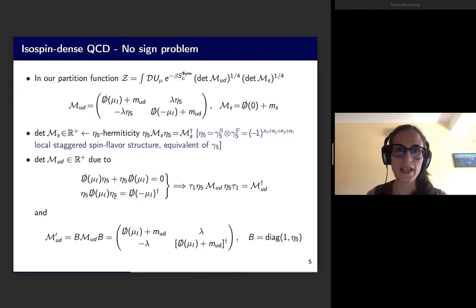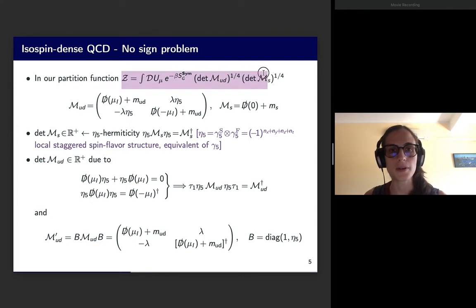Okay, I mentioned this already in the previous video, but I think it is useful to see explicitly why we have no sign problem in such a setup. This is based on an investigation that was conducted with staggered fermions that you have already heard about in this school. So this is the partition function.